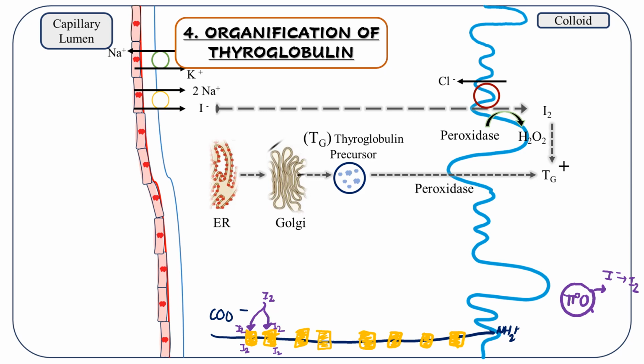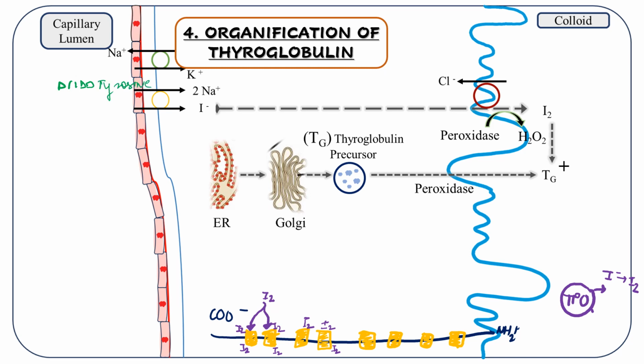Now this is the basic concept. For example, one molecule of iodine on this tyrosine here and two molecules here. Okay. So now let's apply the basic concept to it. Two molecules of iodine to one molecule of tyrosine, that is 2 means what? Di, correct? Iodine, that is iodo, attaching to tyrosine.